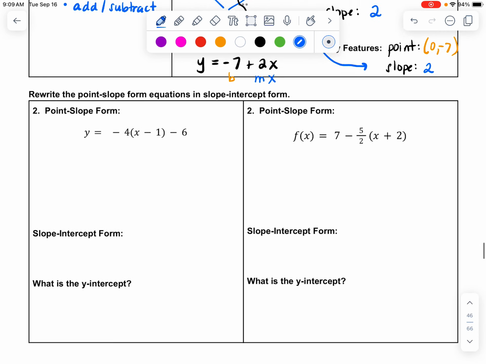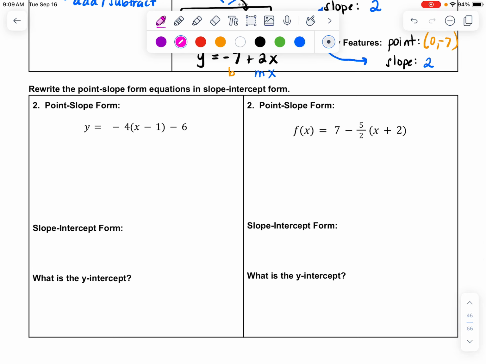Let's talk about that 2 more times. So, first we distribute. So we get negative 4x plus 4. And then we copy everything else down. Y equals, and then negative 6. Then we combine the like terms. In this case, the 4 and the negative 6 are like terms. So we get minus 2, and we copy everything else down.